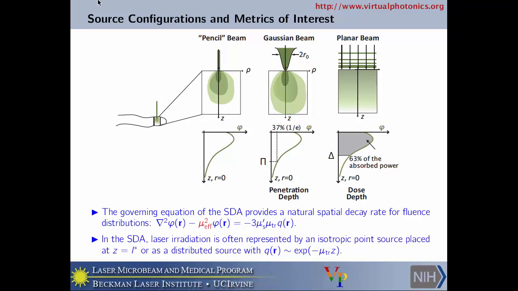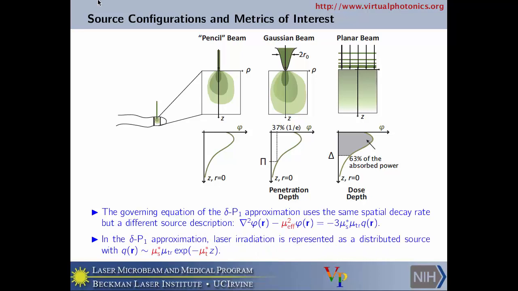In the delta P1, the collimated source will decay as mu t star, which is mu a plus mu s star, because we've taken away some of that collimated light and stuck it in the collimated radiance. So let's look at some results.